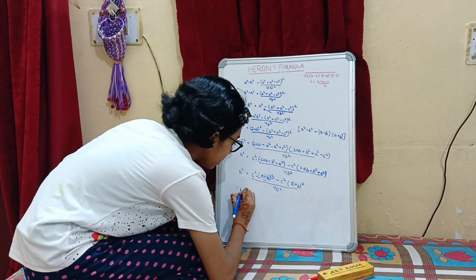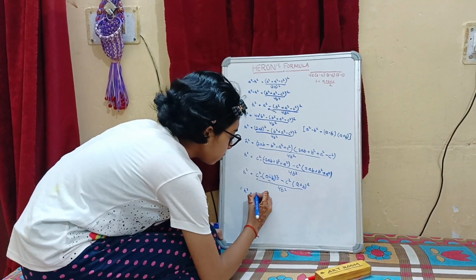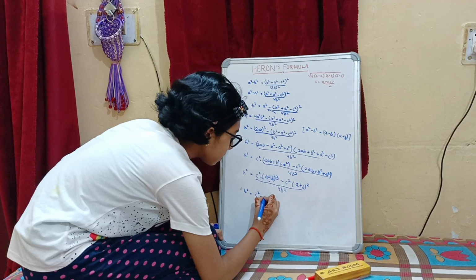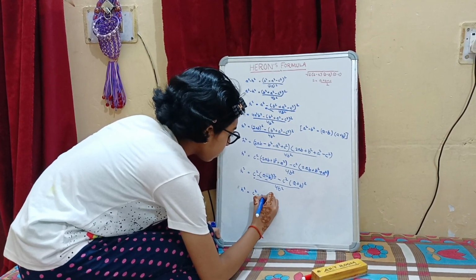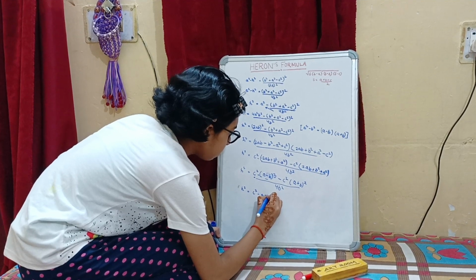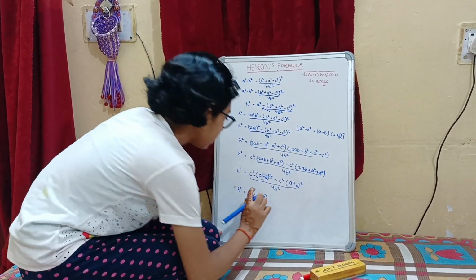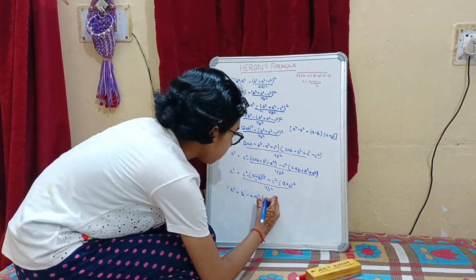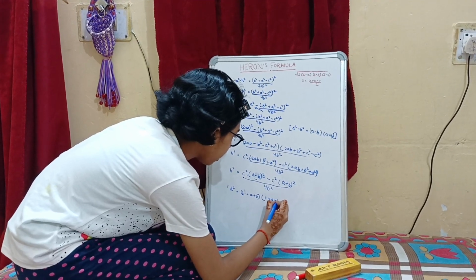So make it as c square is equal to c square minus (a minus b) square, that is c minus a plus b, and here it will become c plus a minus b.